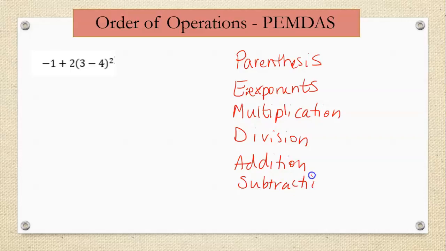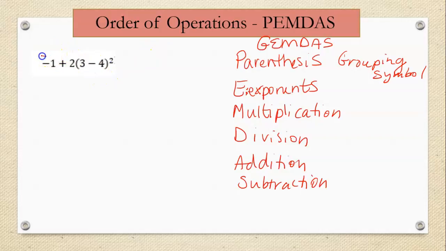Now, sometimes you might have teachers use the acronym GEMDAS. And this G stands for grouping symbol. I'm going to put that here with parentheses. Grouping symbol. And that just means that you can have basically more than one set of grouping symbols in a problem. So this problem has a set of parentheses, right?